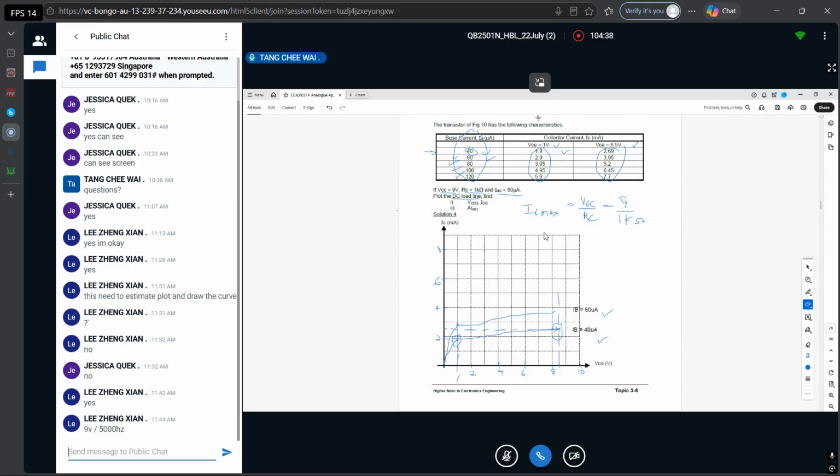RC is given as 1K ohm. It should be 9 volts divided by 1000 ohms. What's the answer?